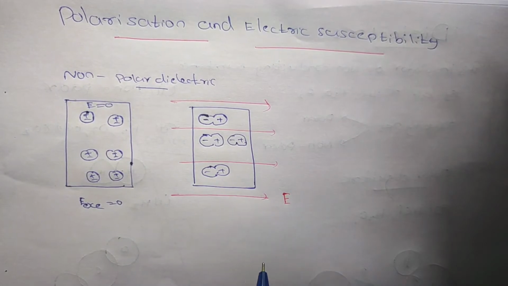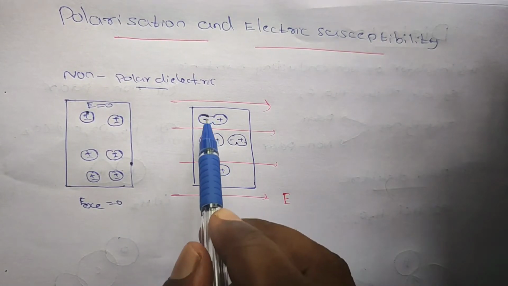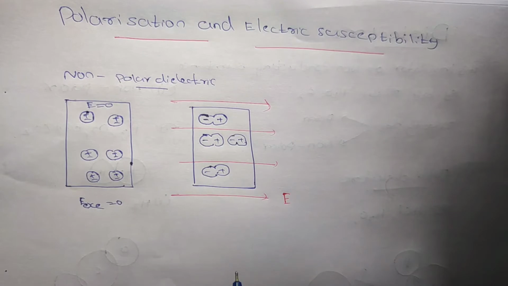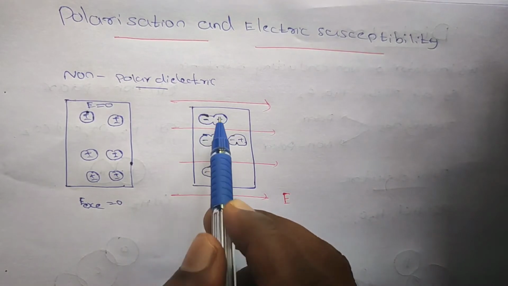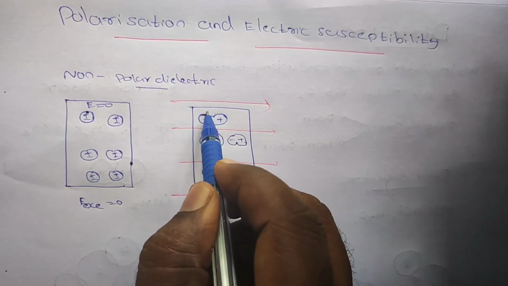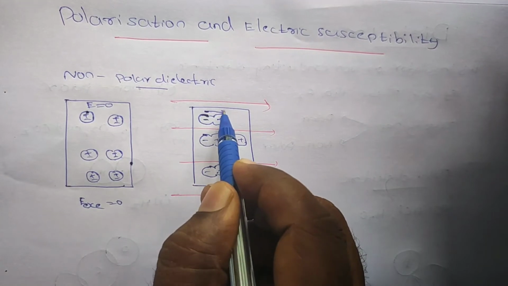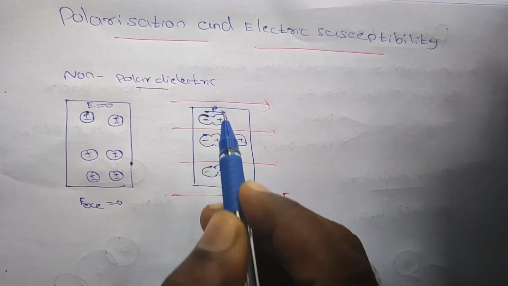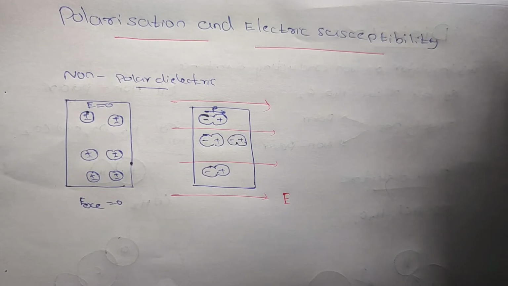So you can see that this side will be all negative and this side will be positive. This negative and positive centers are separated by a small distance. So there is a dipole moment. You can see that a dipole moment is formed along the direction of the external electric field.